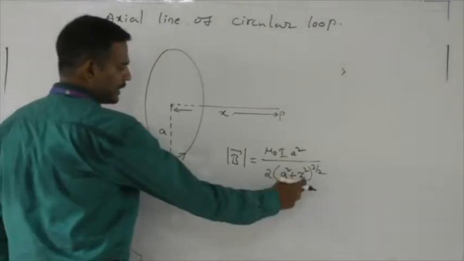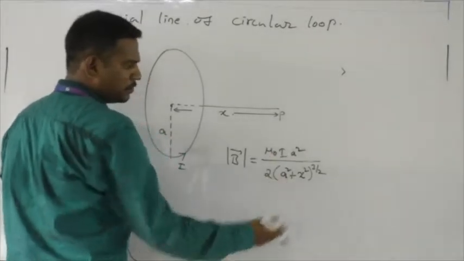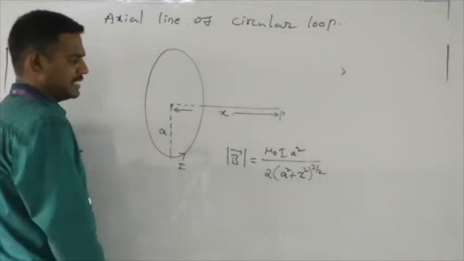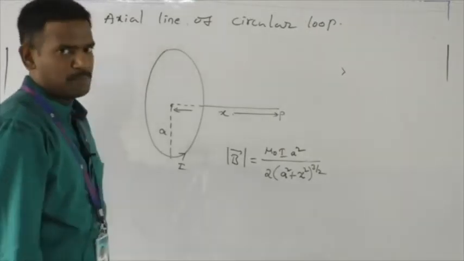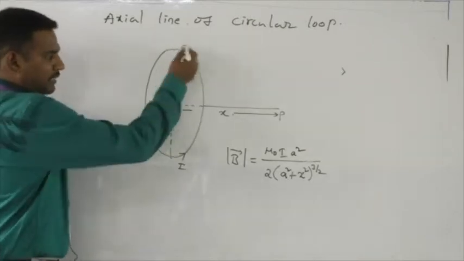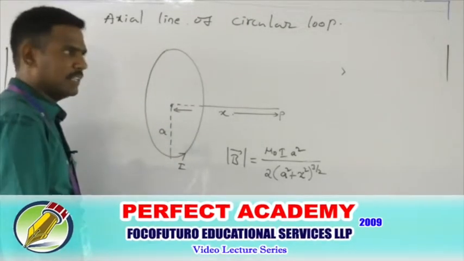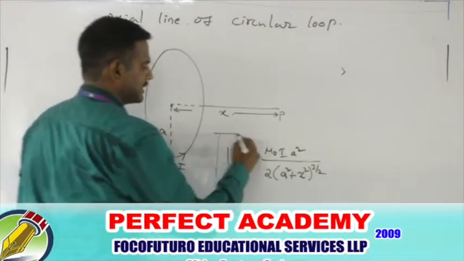Here if you substitute x equal to 0, you will be left with mu naught I a square divided by 2a cube, which gives the previous result, mu naught I divided by 2a. That is the magnetic field intensity due to the circular shaped loop at the center. We know that formula, and the same thing we obtain from this result also.